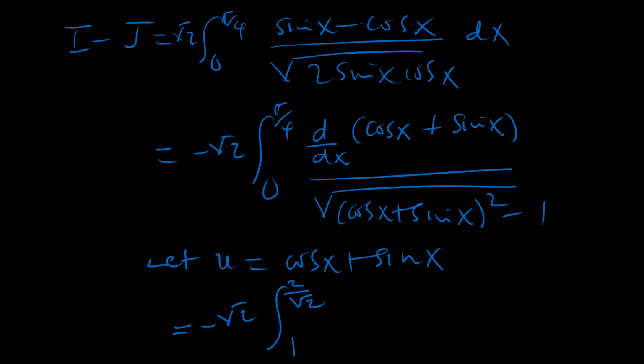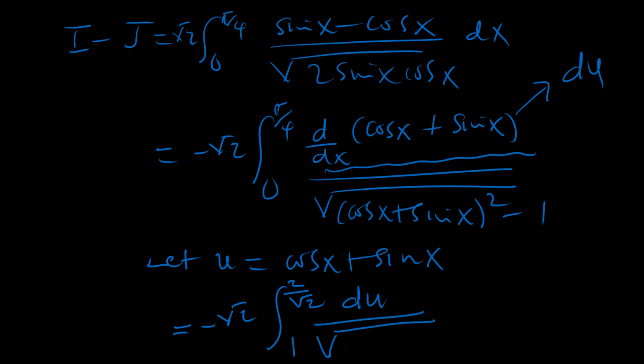So 1 over root 2 is cosine pi over 4 and also sine pi over 4. And so at the top there, this is the same as du, because this entire expression is the same as du with this substitution. And then we have u squared minus 1, right? So that becomes a little bit more tractable, and we'll see how we could easily solve that.